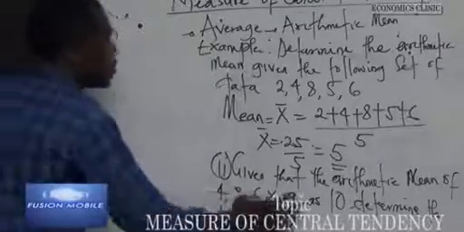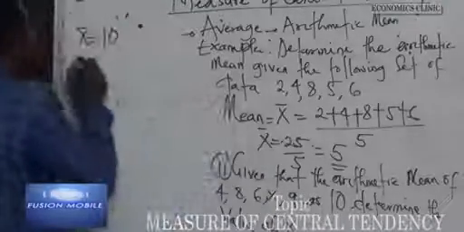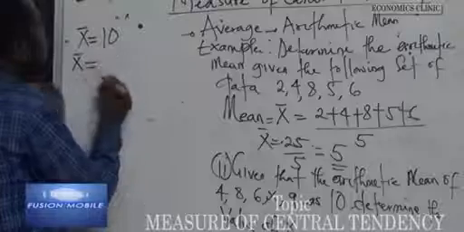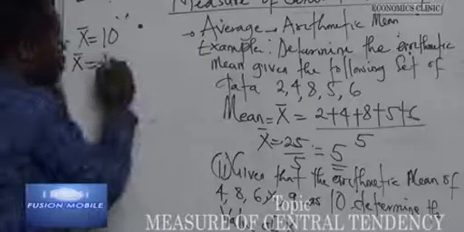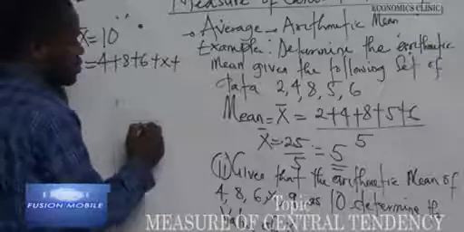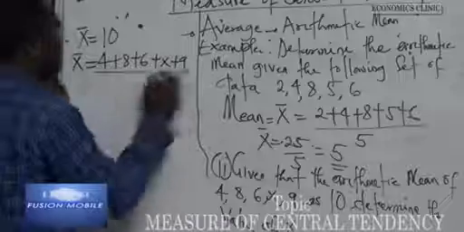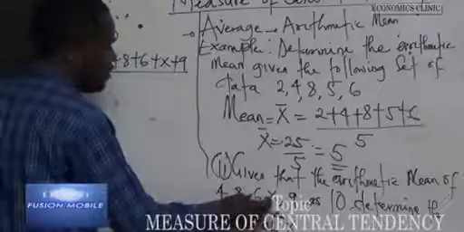So we add this series together, divided by the number of times it appears, equals mean. So we have the addition of 4 plus 8 plus 6 plus x plus 9, divided by the number of times it appears, 1, 2, 3, 4, 5.